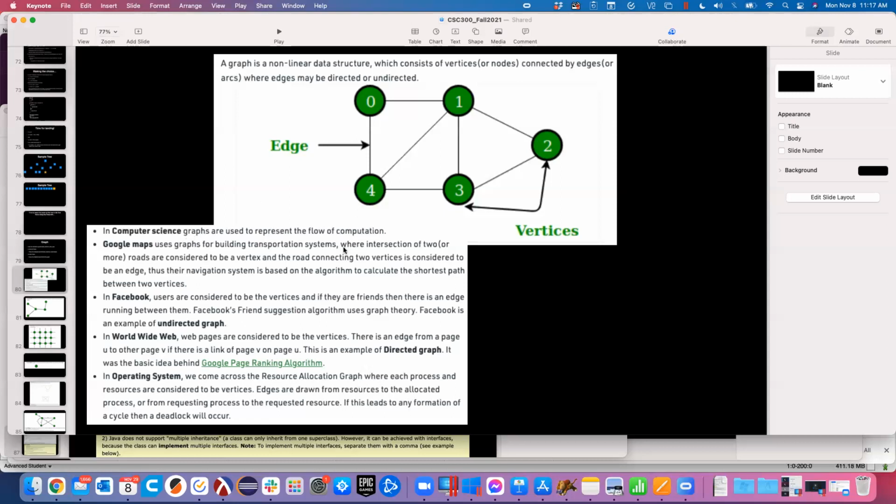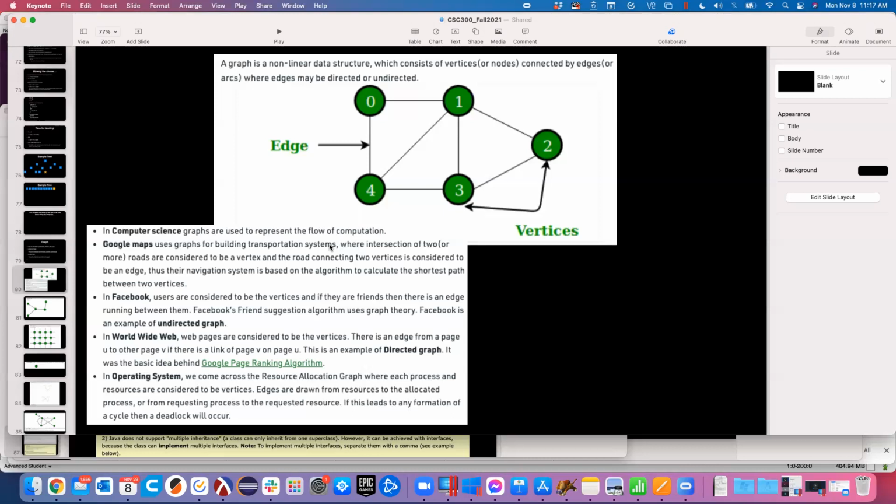So in computer science, graphs are used to represent a flow of computations. We might think about this like a network diagram, how the internet is kind of put together. Google Maps, I mentioned earlier, in fact, really graphs are the heart of our modern day GPS implementations.